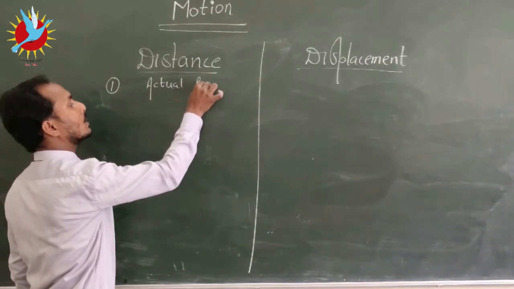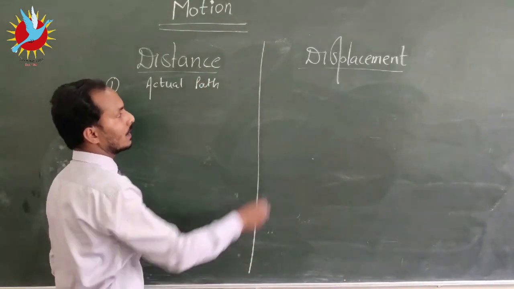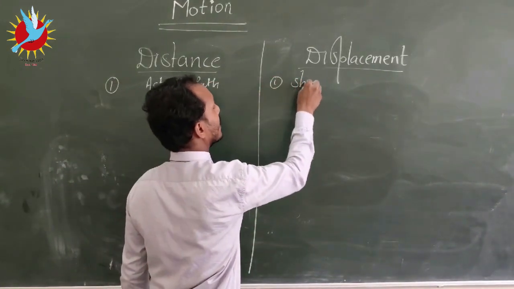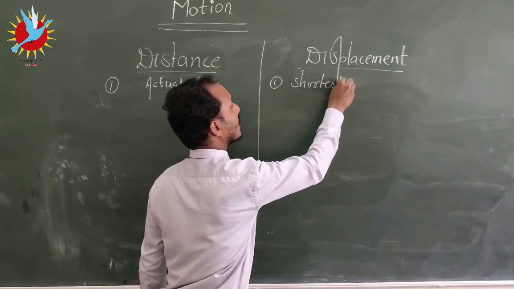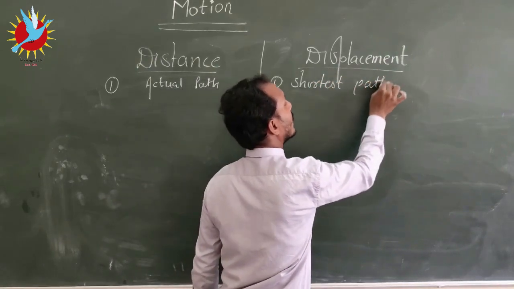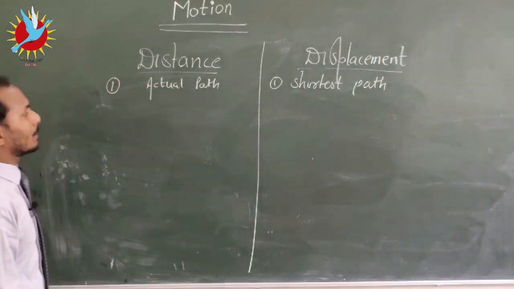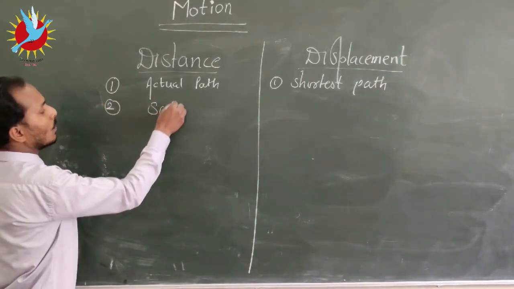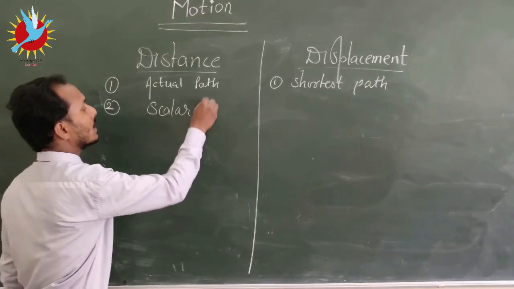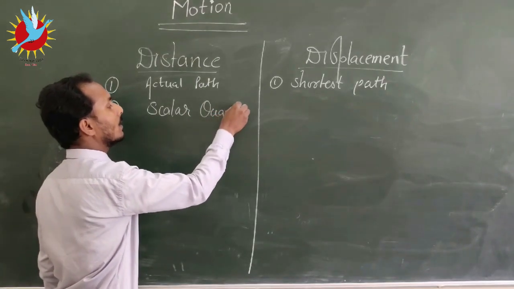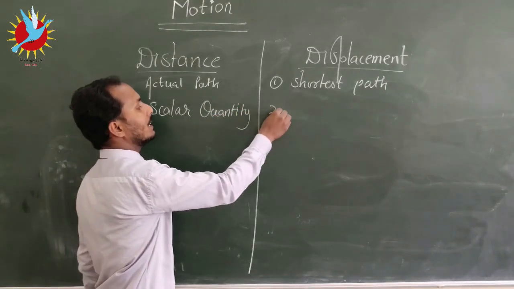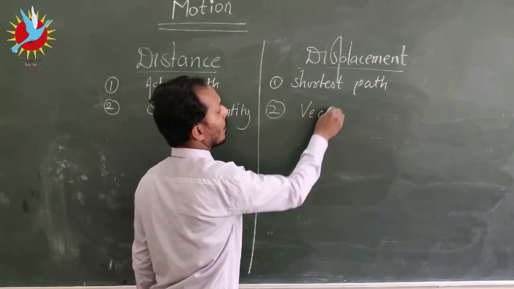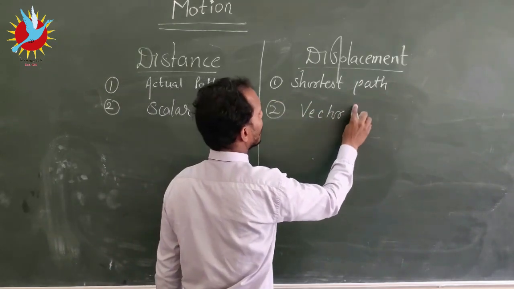The shortest path covered by the body is called displacement. Second, distance is a scalar quantity, and displacement is a vector quantity.